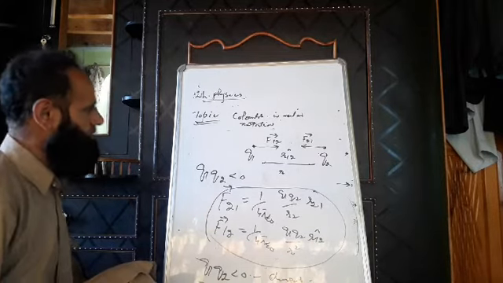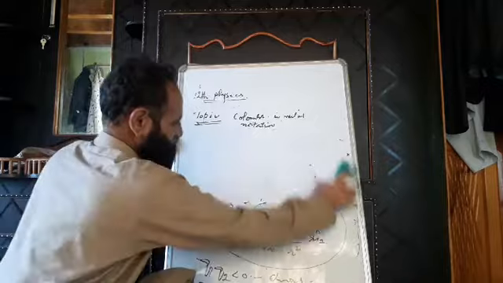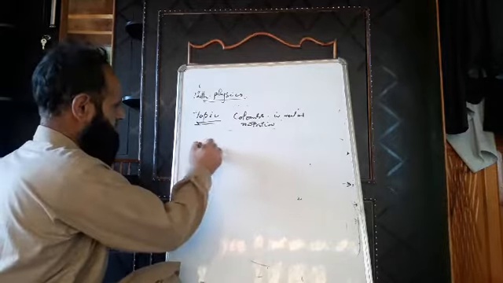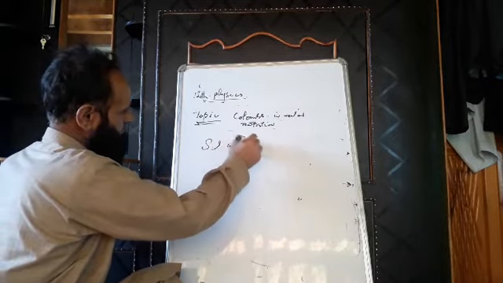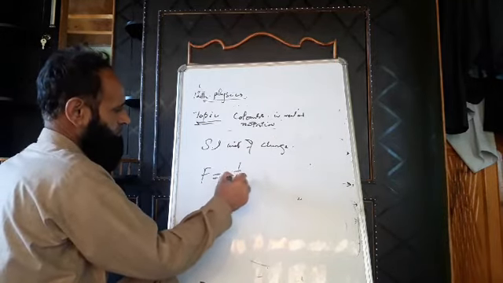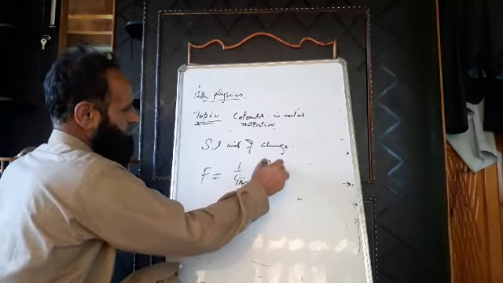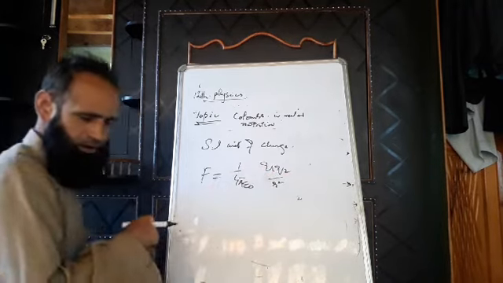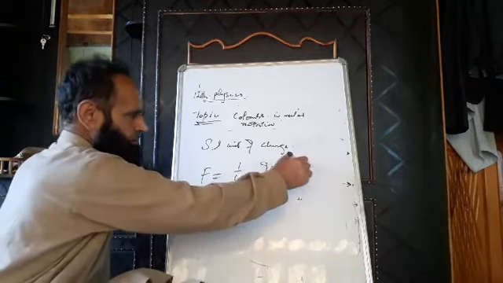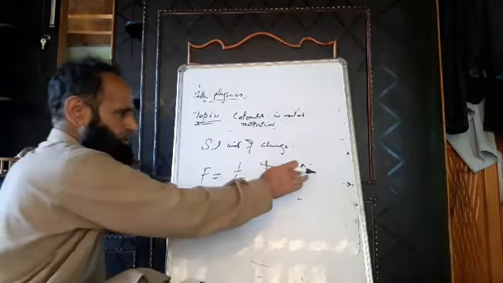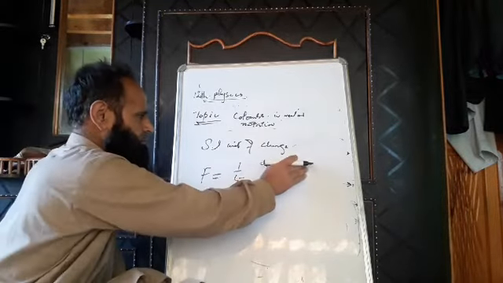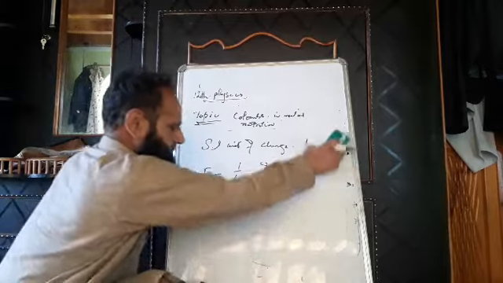Now let us take the SI unit of charge. We know that Coulomb's law force is equal to 1 by 4 pi epsilon naught Q1 Q2 by r square. We can take here also r cap, the unit vector, which shows the direction. Its value is always equal to 1, so we can leave it out of the equation.